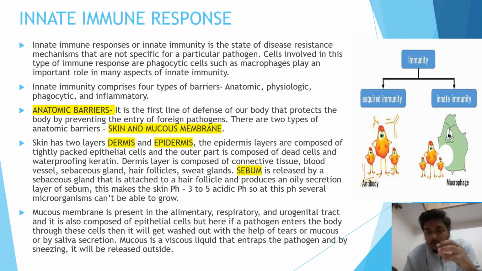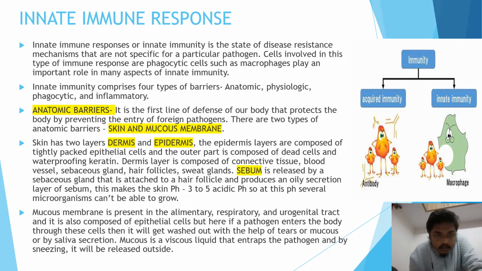The mucus secreted by this layer will trap that antigen, and with the help of sneezing, this total mucus is released through our nose. That's how our body protects against foreign pathogens. So that is the anatomic barrier of the innate immune response.